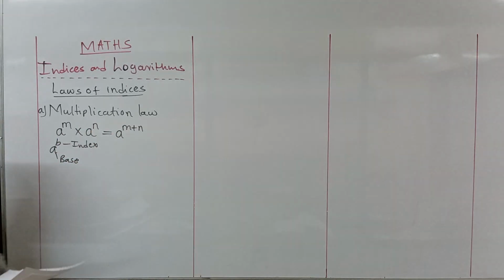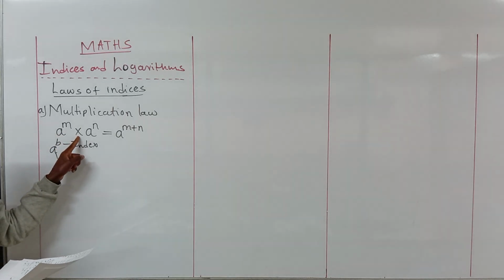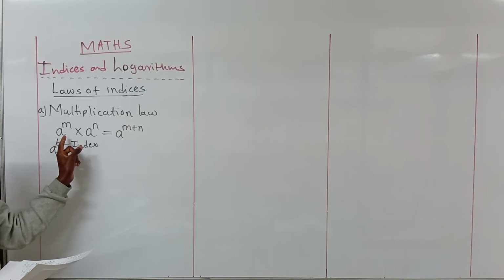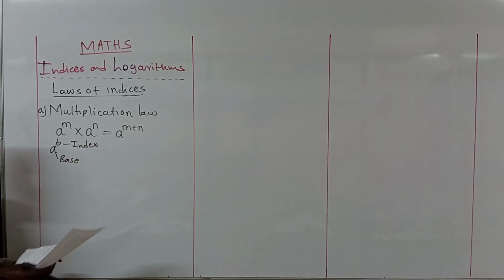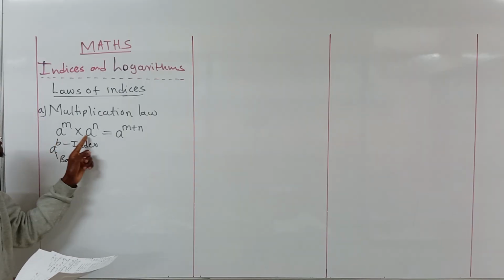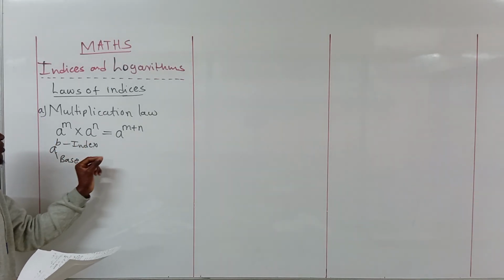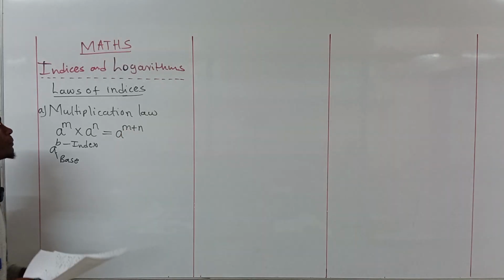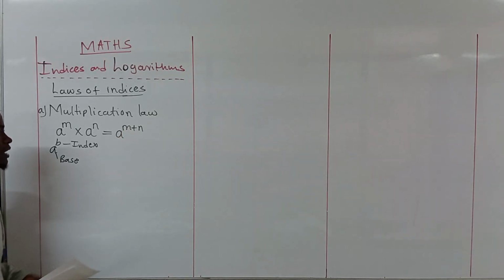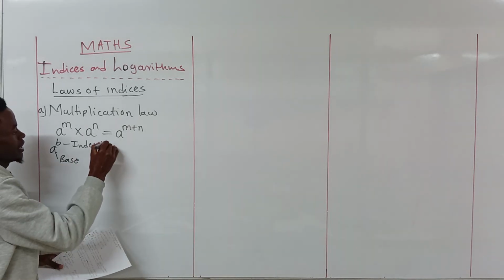So on the multiplication law, when numbers expressed in indices of the same base are connected by a multiplication sign, the only thing we do is add our powers, and that is why we have a raised to m plus n.